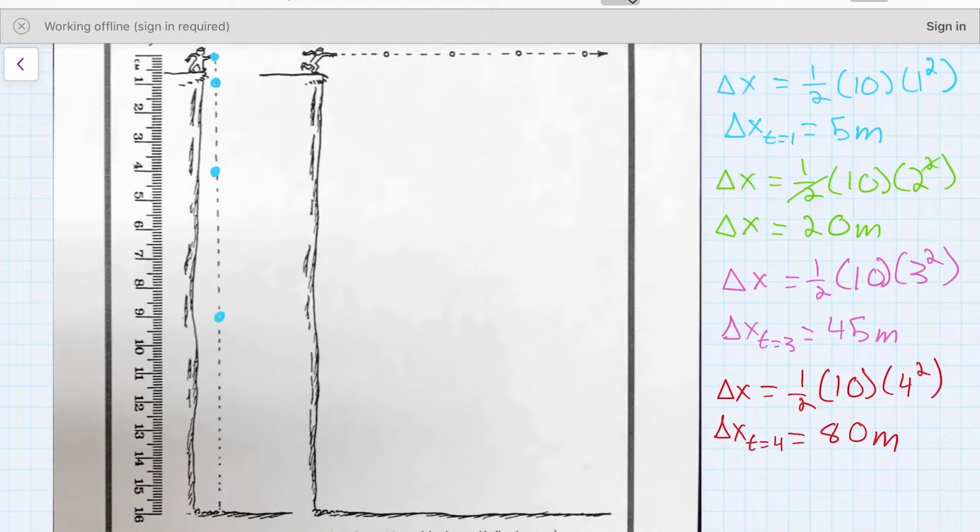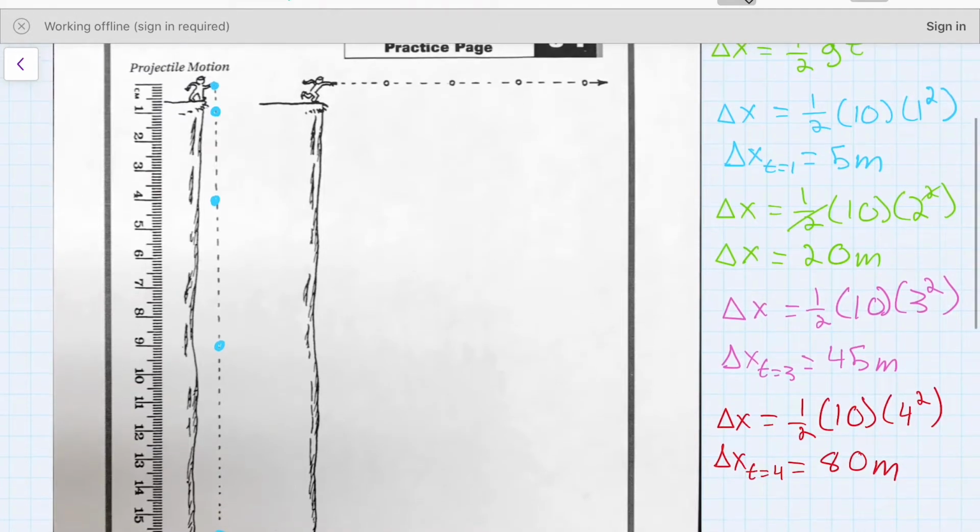And if we divide 80 by 5, 5 will go into 80 16 times. So the ball is actually going to land right there.